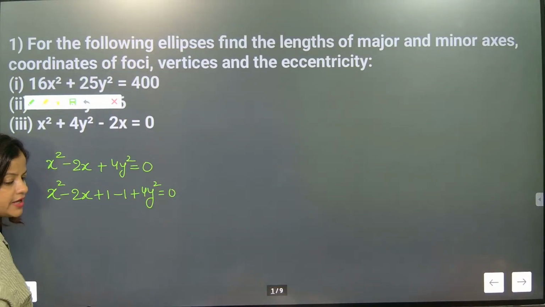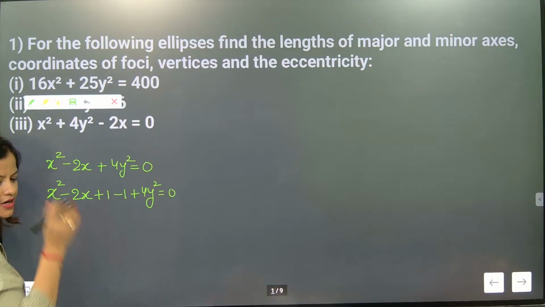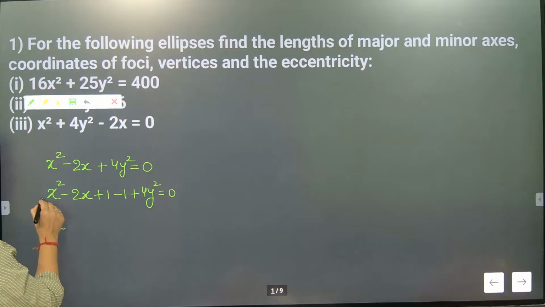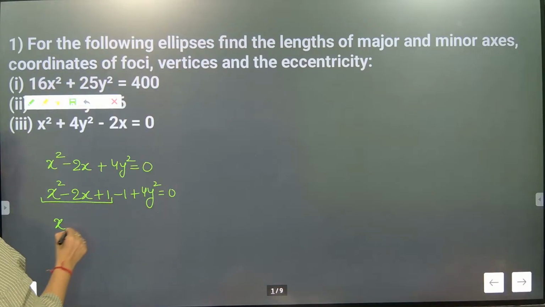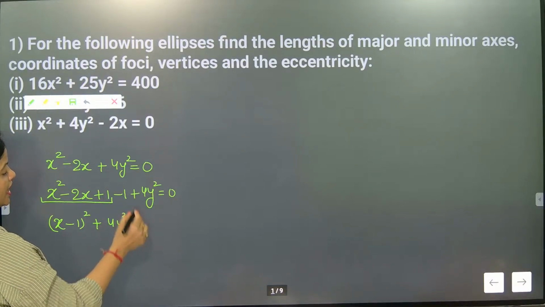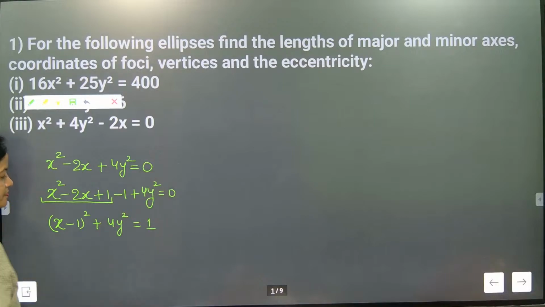So what I did here is I added 1 and I subtracted 1. This is the biggest work I did. So this equation will become (x minus 1) whole square. 4y square I wrote as it is, and this 1 I shifted to that side, so this part will become 1.